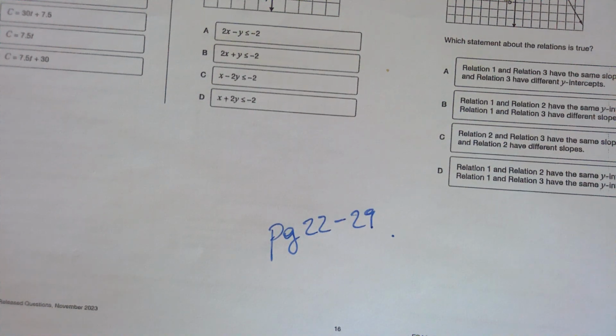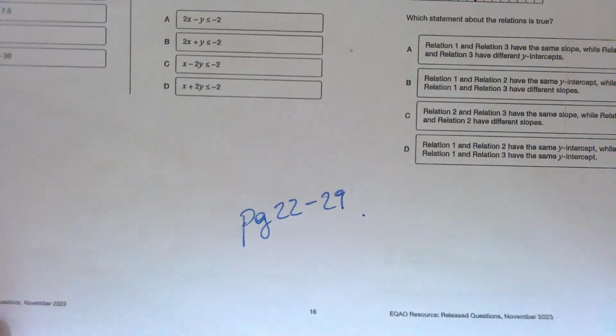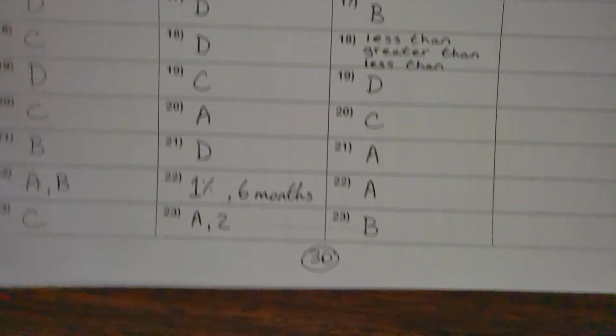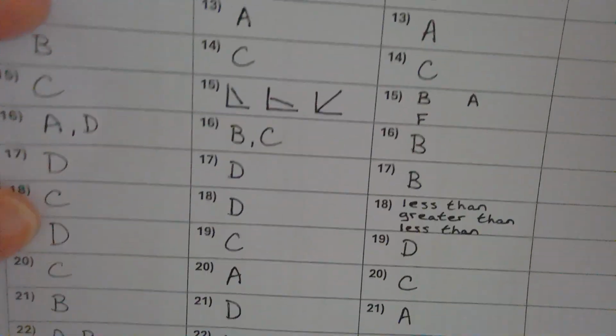Today is just number 19 to 33. And what's on page 30? Did you guys know? Yes, all the answers were actually given on the back, so you can also check your answer to see if you got it right or wrong.